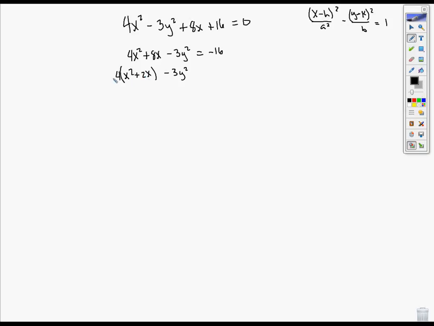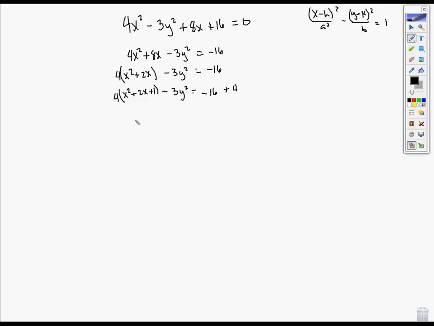But the fact that I have a coefficient of 4 over here means that I also have to multiply it by 4. So I can complete my square here: 4x squared plus 2x plus 1, minus 3y squared equals plus 4.